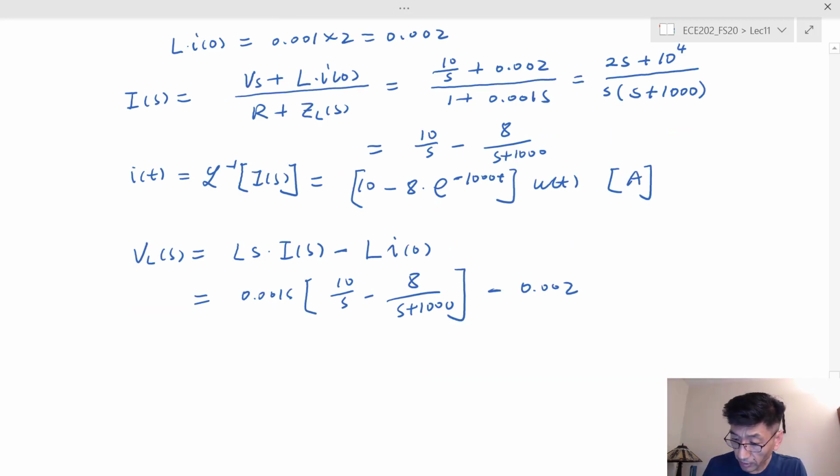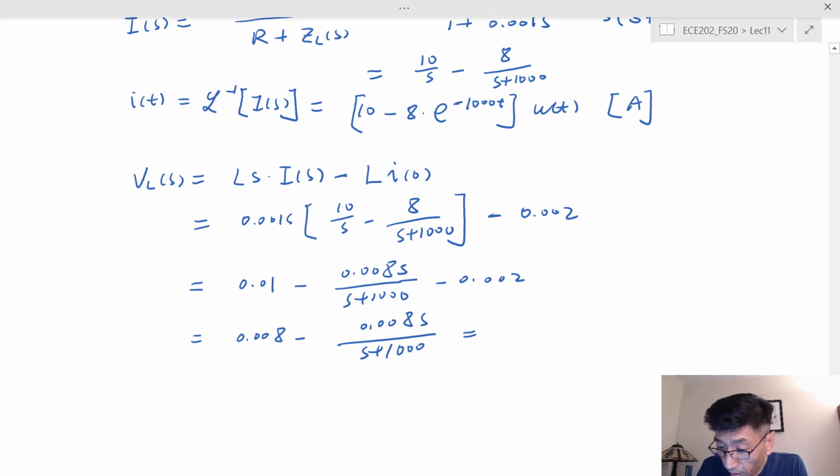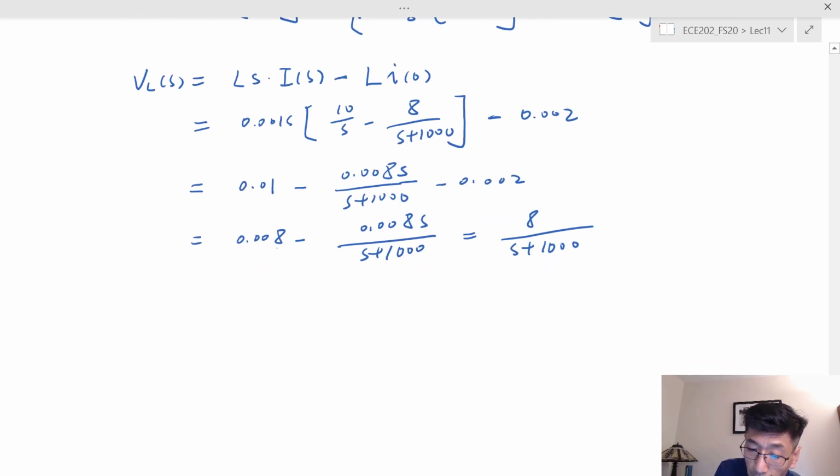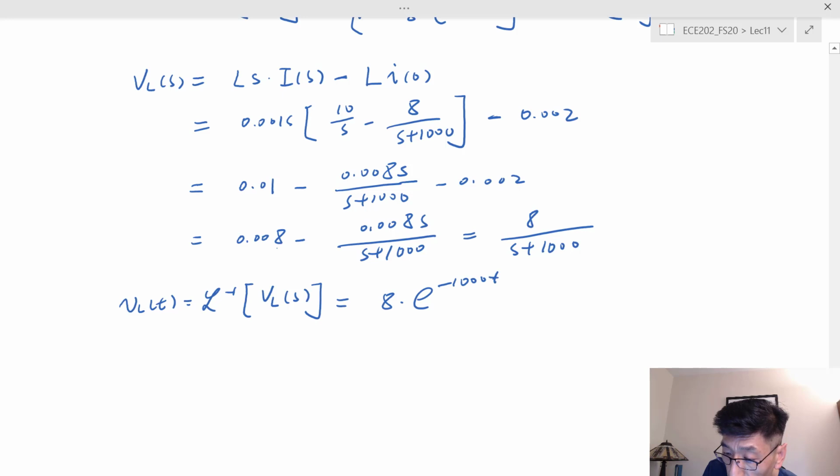If we work on the numbers, we get 8 over s plus 1000. This is the Laplace transform, and the inverse, V sub L of t, is 8 e to the minus 1000t times u(t), with units of volts.